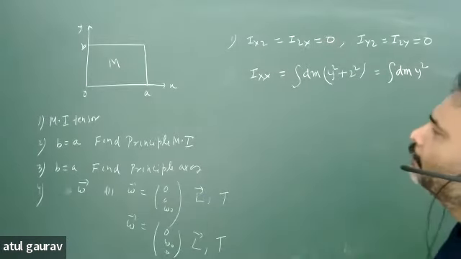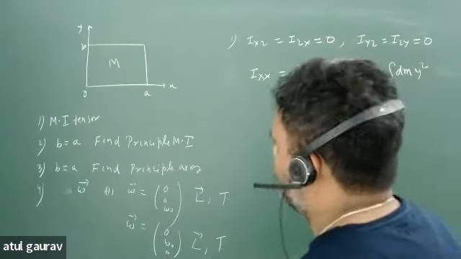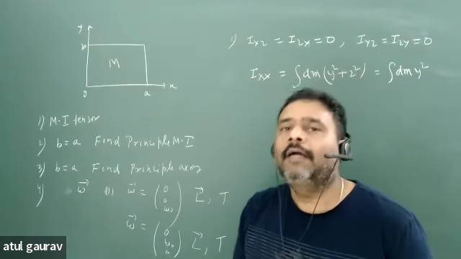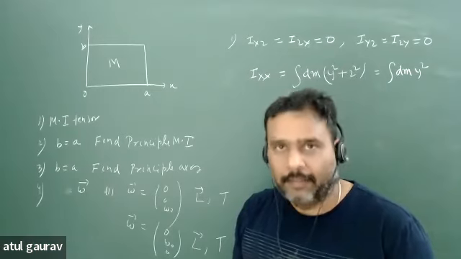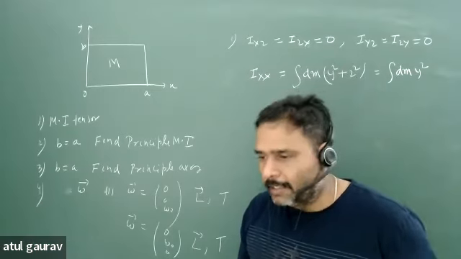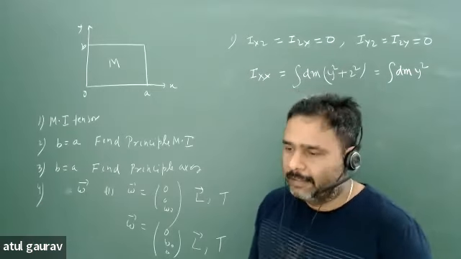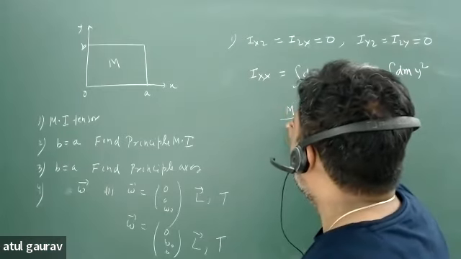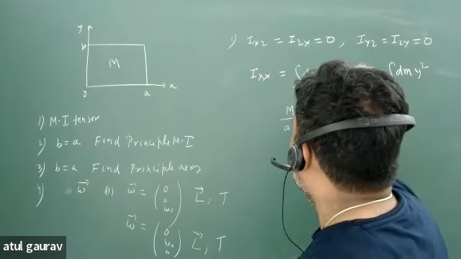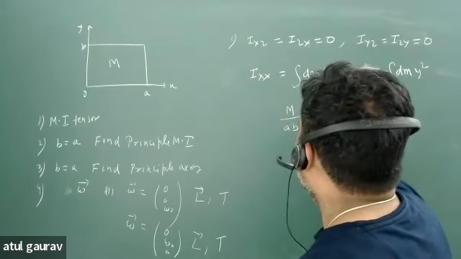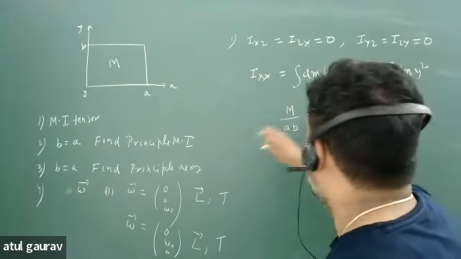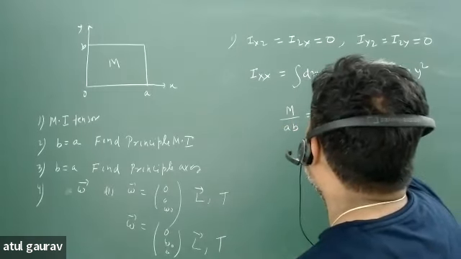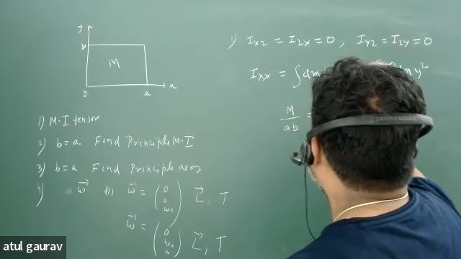Now the whole thing is how we are going to integrate it. Obviously, we will use the concept of density. Here your mass is confined to an area, isn't it? So can I write M upon AB as the mass per unit area? The density is constant, so it can be easily written as dm by dx dy.